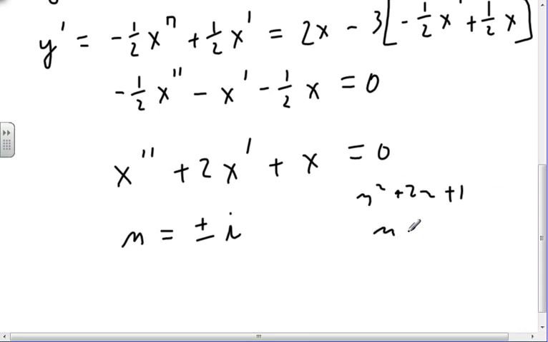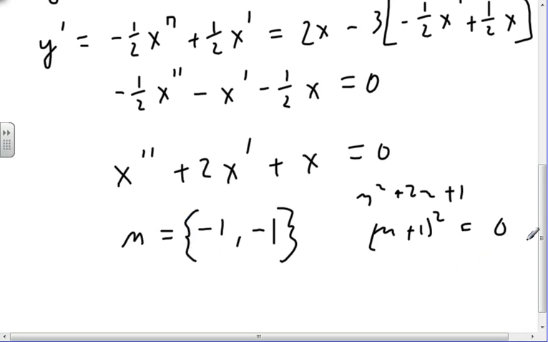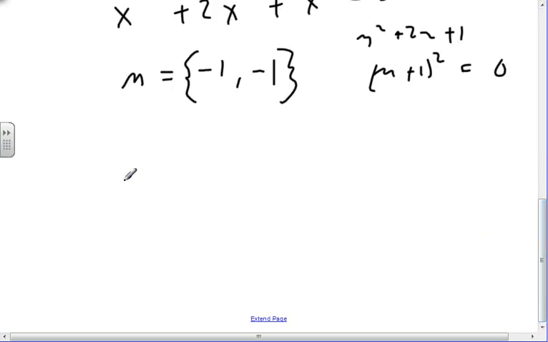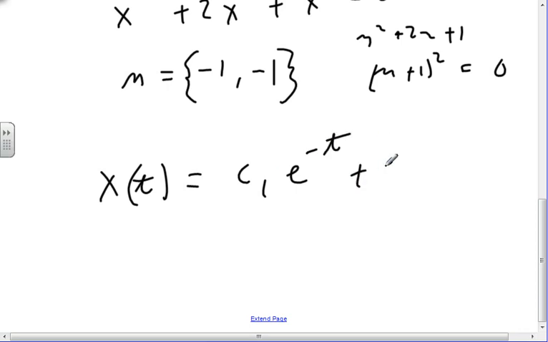That's m plus 1, the quantity squared, has to be 0. So m is going to be minus 1, minus 1. 2 roots. Minus 1, minus 1. Good thing I went back and looked at all the skipping of steps there. So that being the case, x of t is going to be c1 e to the minus t plus c2 x e to the minus t. Fine.